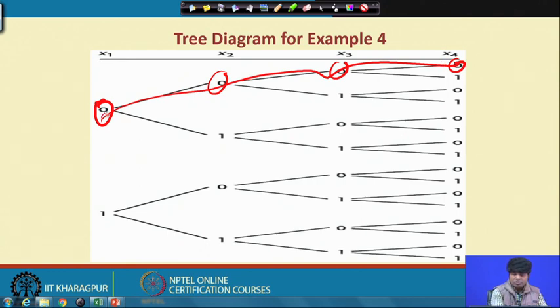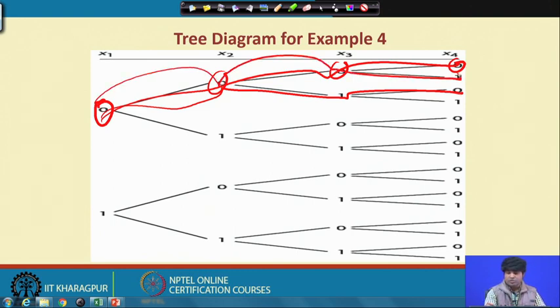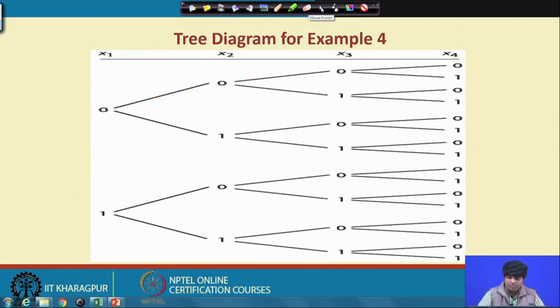Then this is another cluster, and again 0 0 0 and 1 is another cluster. Like that we will have different kinds of clusters depending upon the particular variables involved.